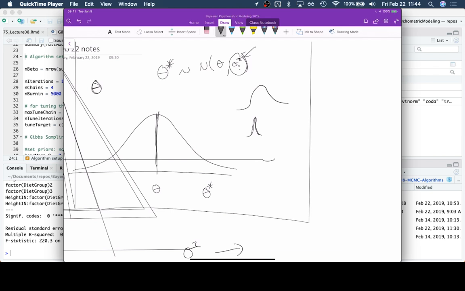So if it accepts too often, forget it. We need a bigger sigma squared. Likewise, if it's too big, and you're here and you select something all the way over here, your value is like 200,000 different. It'll be so far away from where it needs to be for the posterior that you may never accept it.